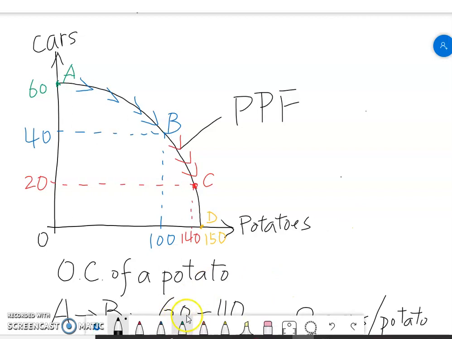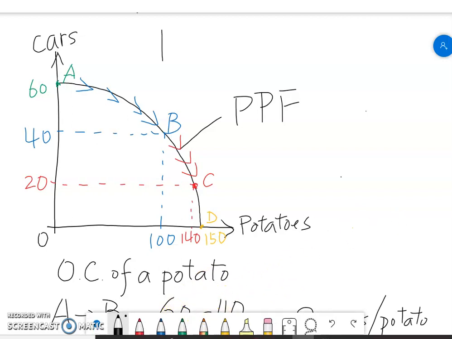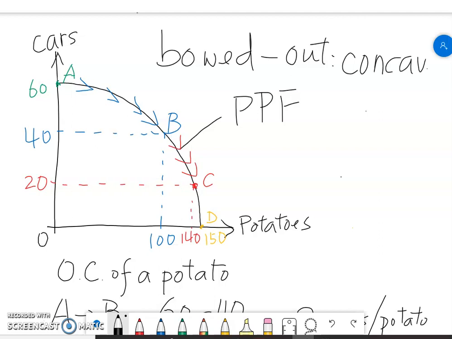And the bowed out thing, in mathematics, okay, let me write it here. The bowed out is kind of the layman's term. In mathematics, people say this curve is concave or concave down, okay, or concave in. But that's not an economic definition of this bowed out curve.